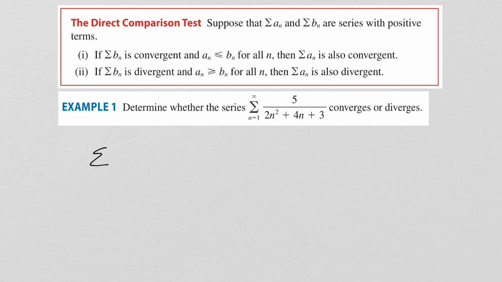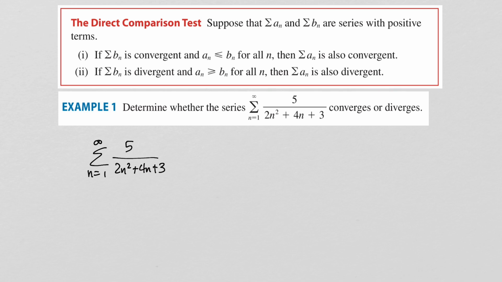As n gets very large, the 4n and the 3 don't matter too much because 2n squared is so much larger that they are pretty much negligible in terms of the behavior of the series.